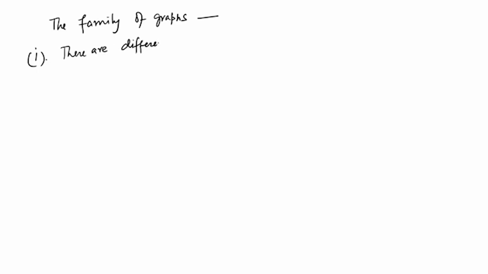All right. So, the family of graphs that we need to consider emerges from, one, that there are different ways of assigning n particles to this ML cluster basically.